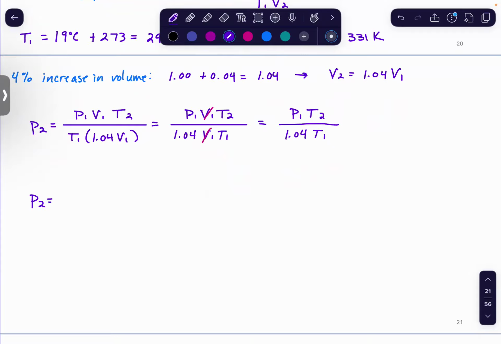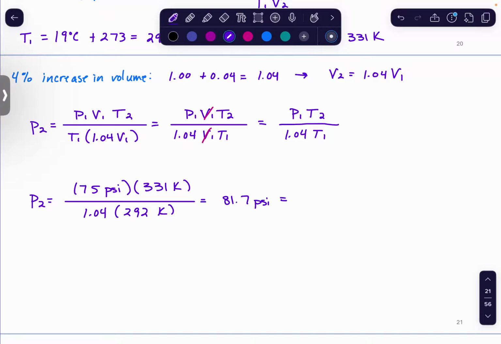Here, this is going to be P1 is 75 psi, T2 is your 331 Kelvin over 1.04, and then T1 is 292 Kelvin. This is going to give us 81.7 psi, or adjusted for significant figures, 82 psi.